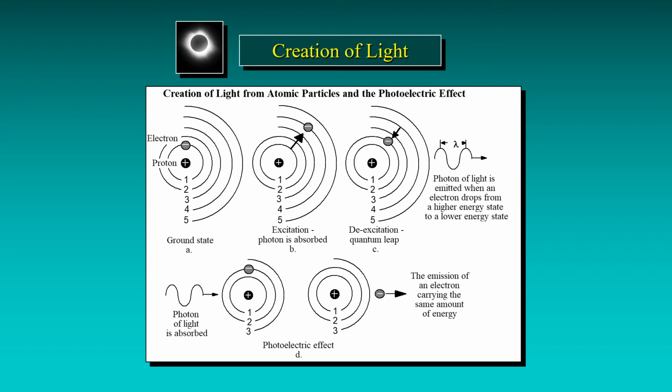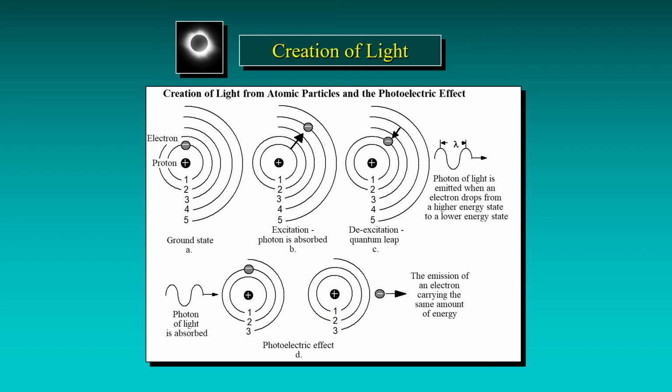And we see that in the upper right-hand portion of this diagram in subfigure C. So it's going to be emitting a photon of light whenever we have that electron going from a higher to a lower energy state there.